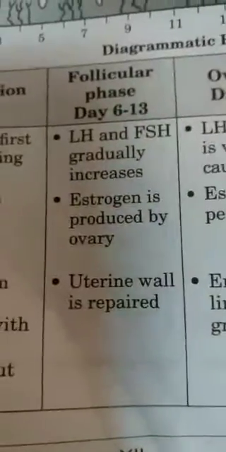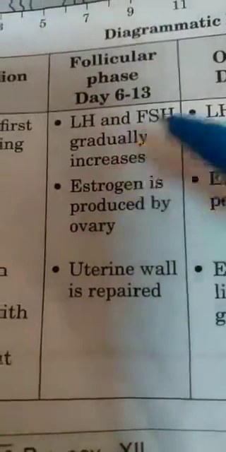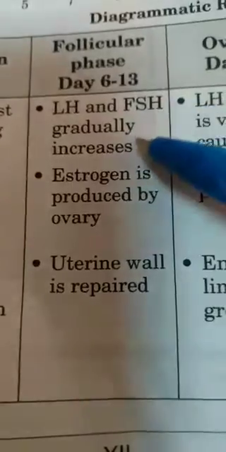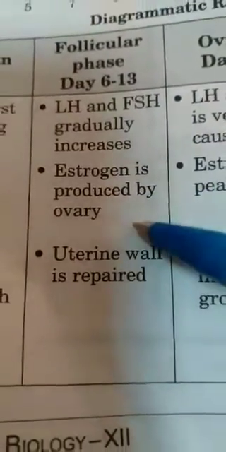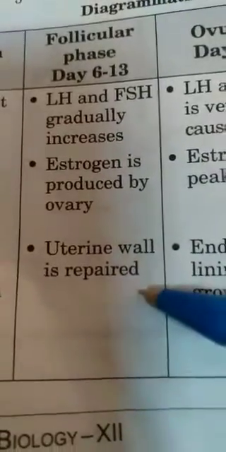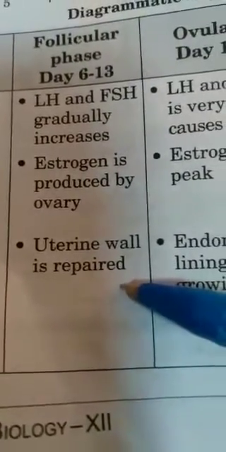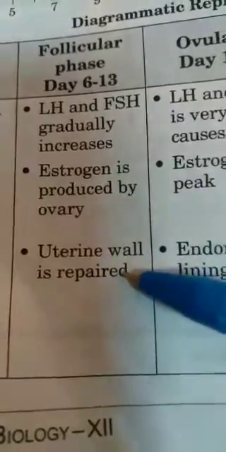Then afterwards, 6 to 13 days, what happens? Luteinizing hormone and follicle stimulating hormone gradually increase, and estrogen is produced by the ovary. The uterine wall is repaired: the endometrium starts to form again from 6 to 13 days.